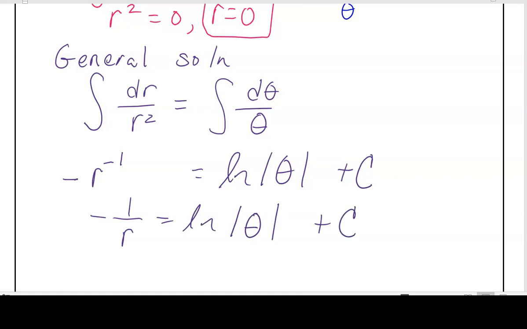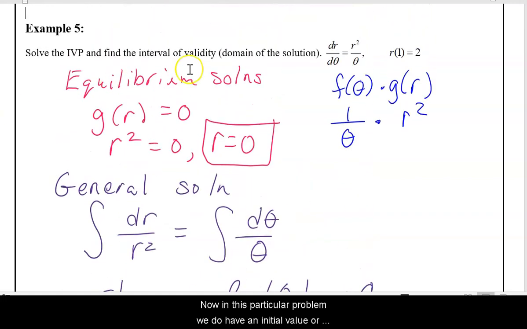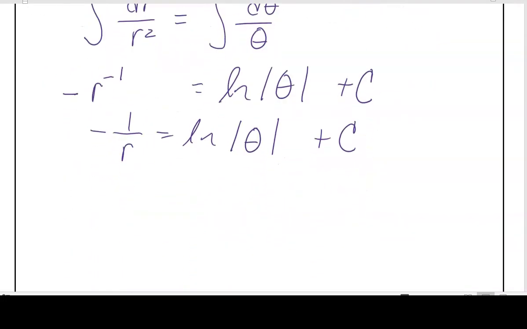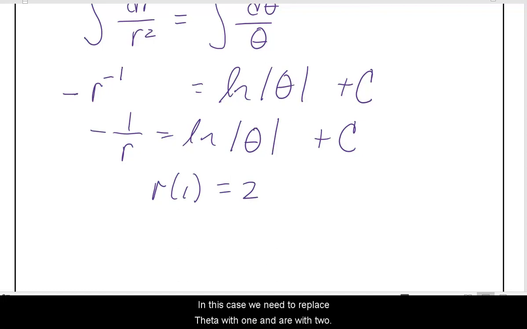Now, in this particular problem, we do have an initial value or an initial condition. R of 1 is equal to 2. Remember that that 1 is the angle theta, and that 1 is represented in radians. In this case, we need to replace theta with 1 and r with 2.